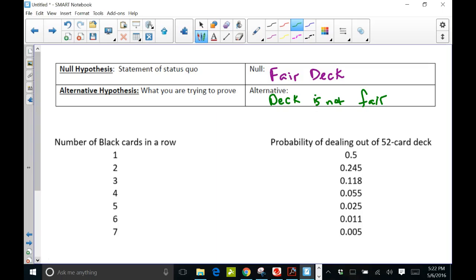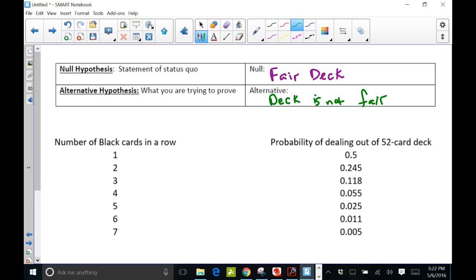In other words, Mrs. O'Brien is trying to trick you. So, at the beginning of any test, you start off thinking to yourself that the null is true. And we gather evidence and try to say, well, how likely is the null going to be true in regards to the evidence we have?